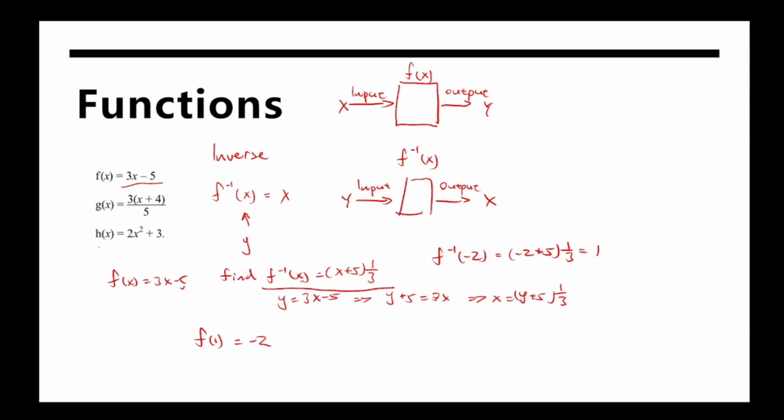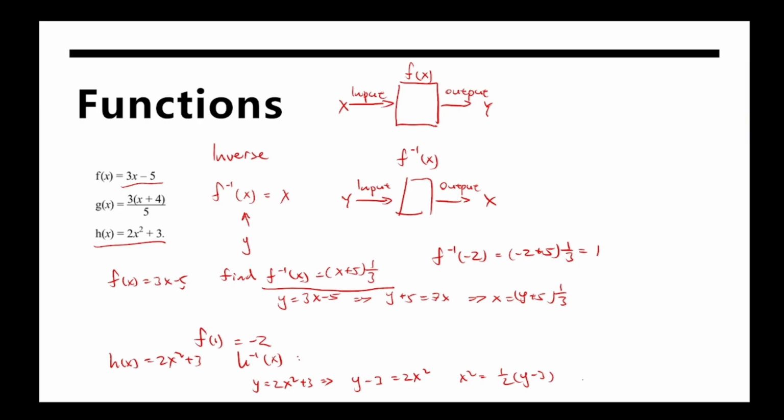Another example, let's use h. So we have h(x) equals 2x squared plus 3. h inverse(x), change the subject. We have y equals 2x squared plus 3. Move the 3 to the other side. y minus 3 equals 2x squared, divided by 2. x squared equals 1 over 2 times (y minus 3).